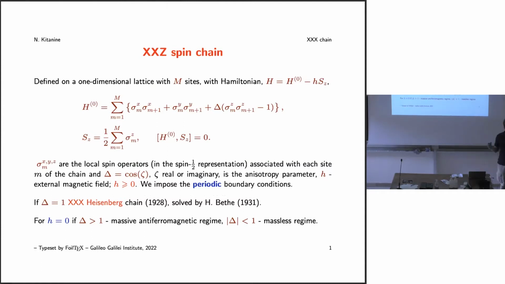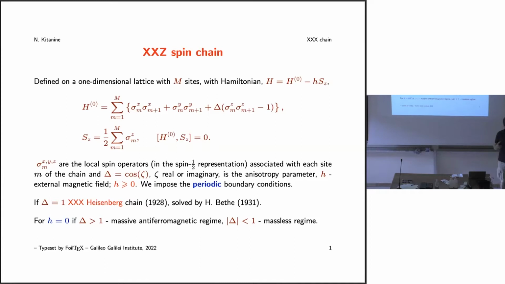But today I will restrict my consideration to a very particular case. First of all, I will do it without magnetic field. It will be crucial for our situation. It will be very important that we don't consider any external magnetic field. And today I'll speak about the isotropic case when delta equals 1, the Heisenberg chain.